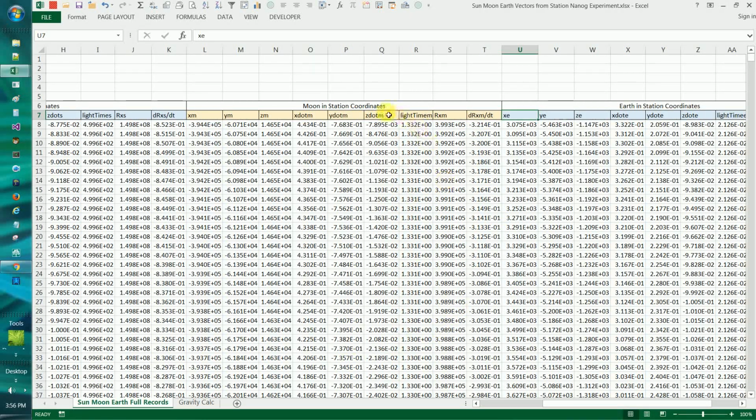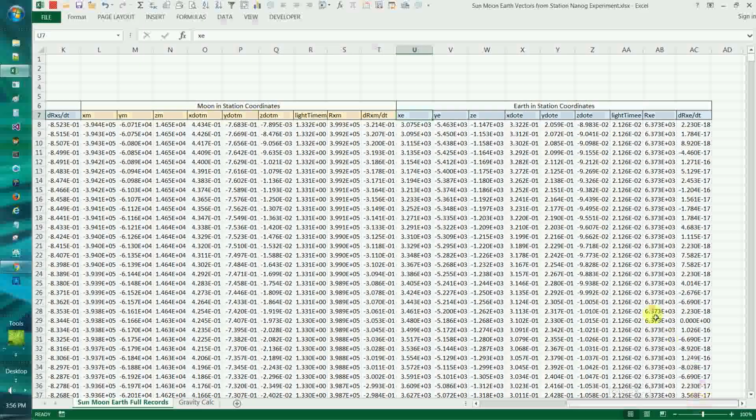I can see that I've got mixed notation in here a little bit. Hopefully you can use it.